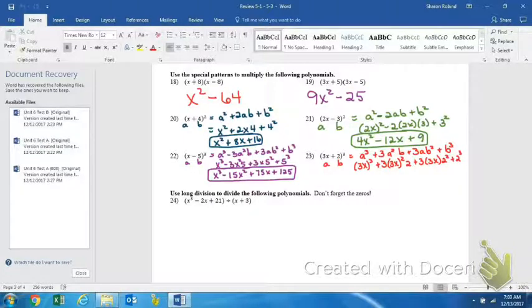Okay, the very first term, 3 times 3 times 3 is 27x to the third, plus 3 squared is 9 times 6, because it's 3 times 2, is 54x squared, plus 2 squared is 4 times 9 is 36.